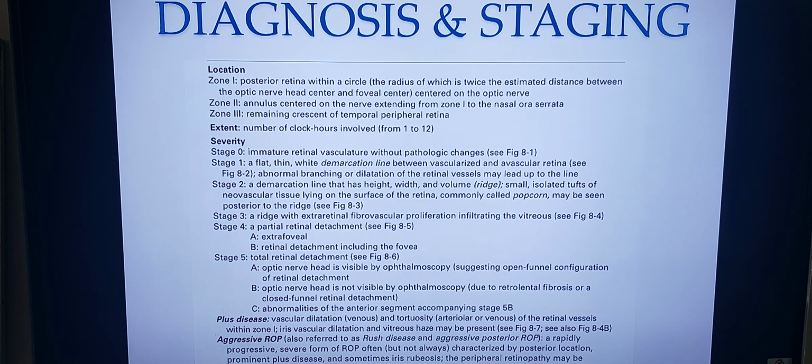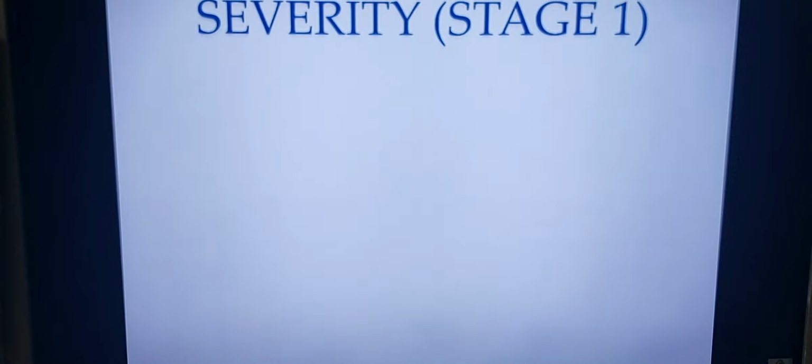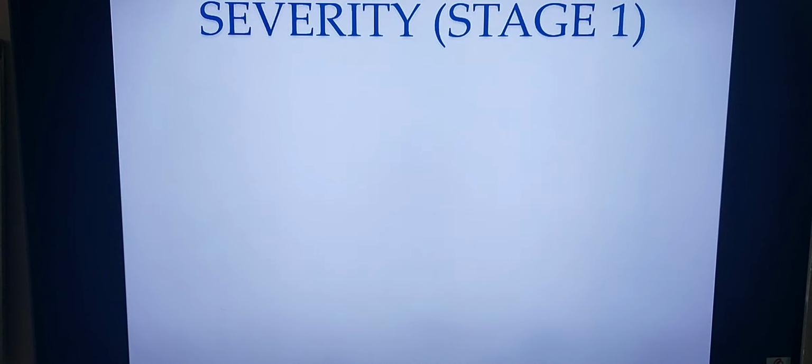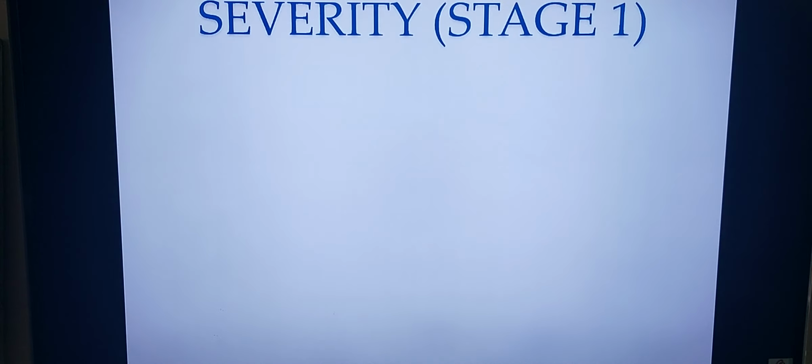You have to define it in clock hours, how many clock hours are involved, and whether it is continuous or not continuous. After location, I will move straight away to the severity, because these three factors are the major defining factors in the treatment of ROP: the location, the extent, and then the severity.